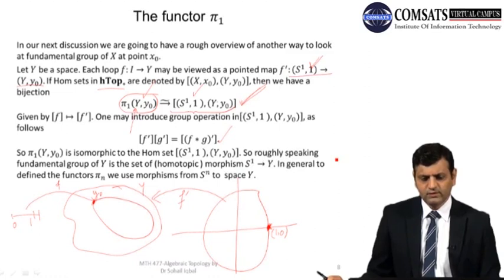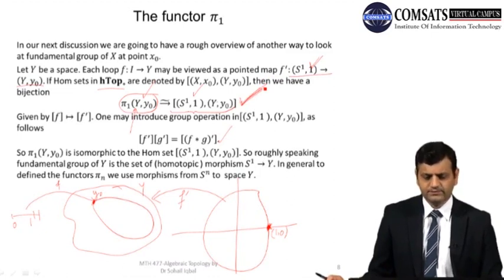So pi 1 of y naught is isomorphic to the hom set. Since we are defining the multiplication in this set of homotopy classes of pointed maps, this is going to be an isomorphism, but we don't need to show it here.